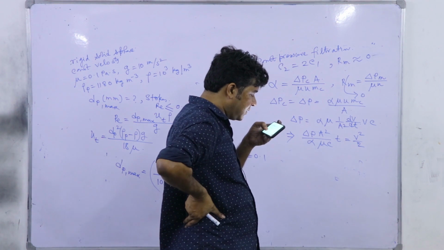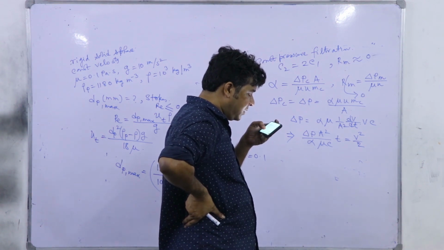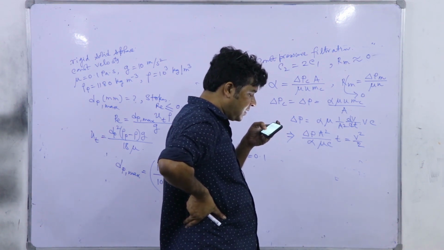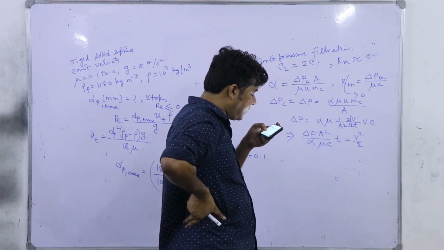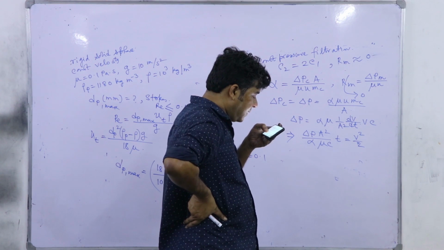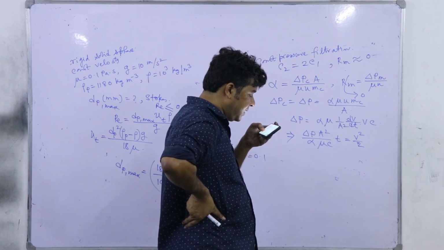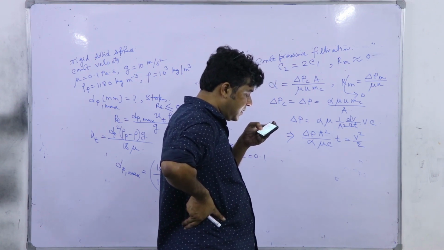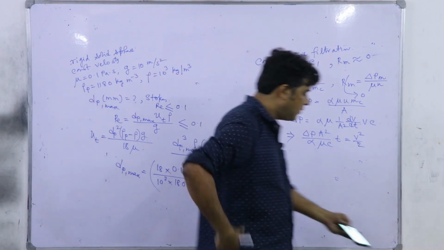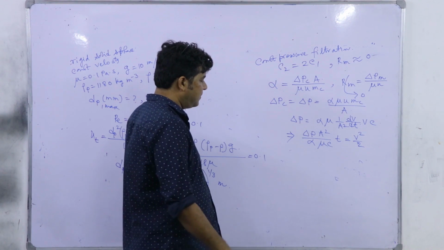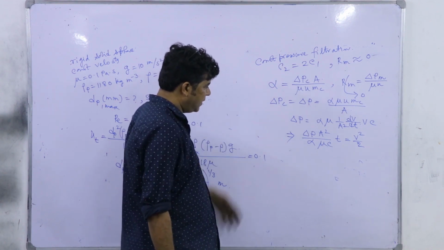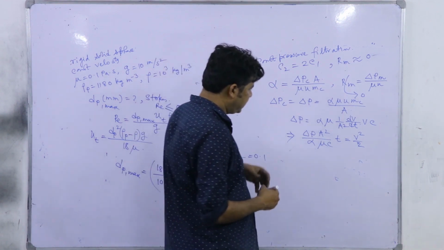So the question is: constant pressure filtration to recover the solids from the slurry. To reduce the time of the filtration, the solid concentration in the feed slurry is increased by evaporating half the solvent. If the resistance of the filter medium is negligible, the filtration time will be... Recovered means you're finally recovering all this filtrate.